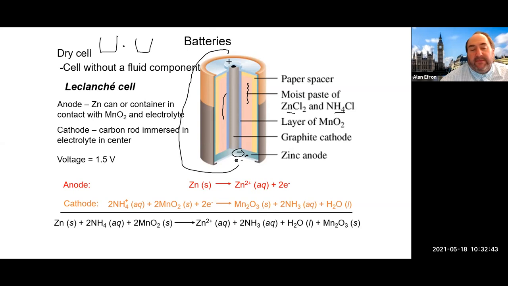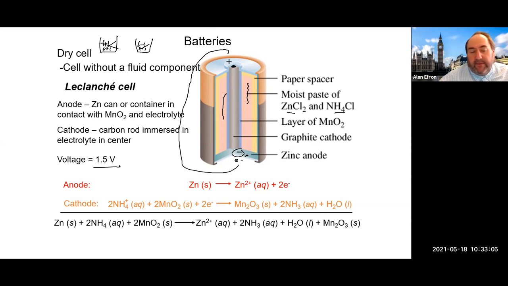If we don't have that salt bridge there, we're going to get a buildup of negative charges where we don't want it, and positive charges where we don't want it. It's going to stop the flow of electrons from one place to the next. So that paste, that strong electrolyte, acts in that function within a battery.